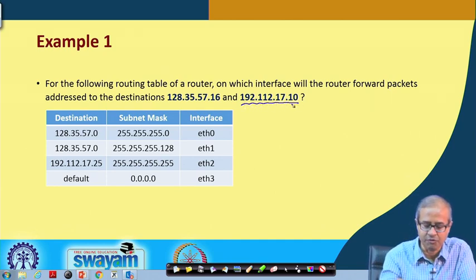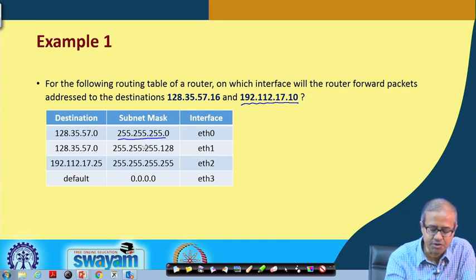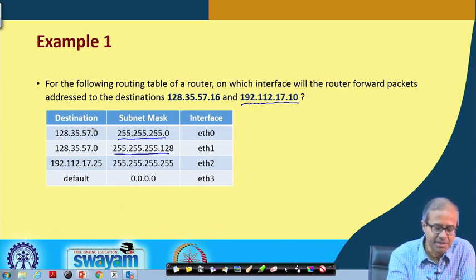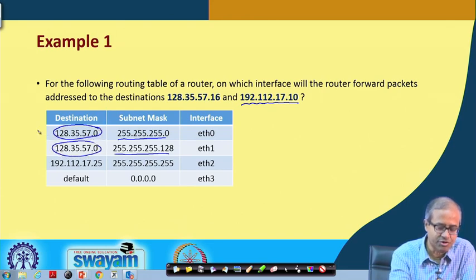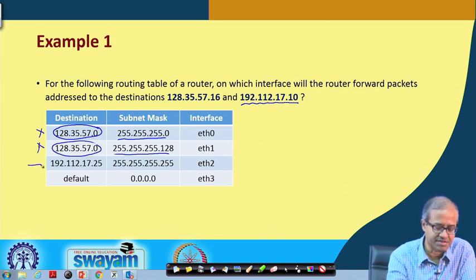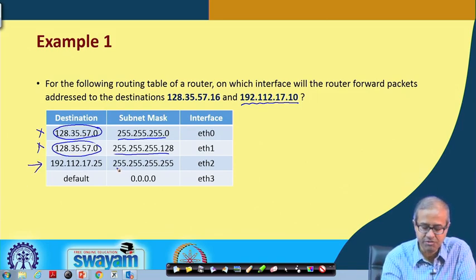Well, for the second one, obviously the first two will not give a match, because you are ending with 255, 255, 255. So, 192, 112, 17 you will be getting anyway, but the destination starts with 128. So, there will be no match here, there will be no match here. So, let us look at the third entry. So, you are checking for all the bits, that means you are ANDing with all ones.